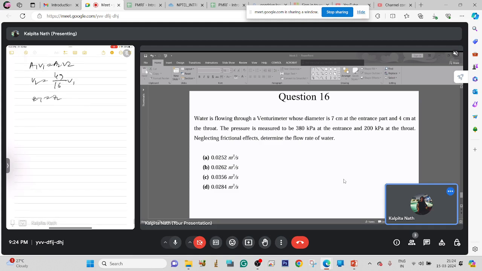Putting the values in the first equation, 380 plus V1 square by 2 is equal to 200 plus (49 square by 16 square) V1 square by 2. So V1 is equal to 6.554 meter per second. So the volumetric flow rate will be pi by 4 d1 square V1, and this will be equal to 0.0252 meter cube per second. So that means option A.